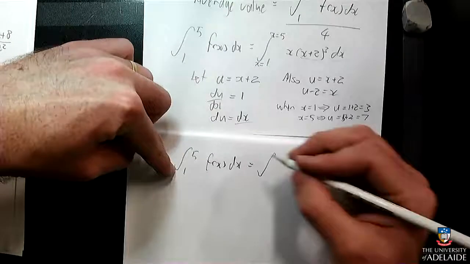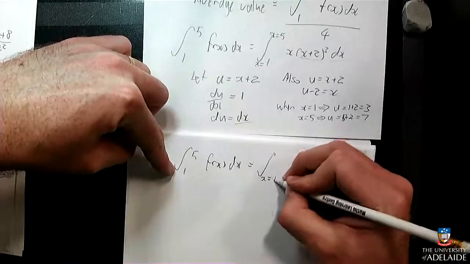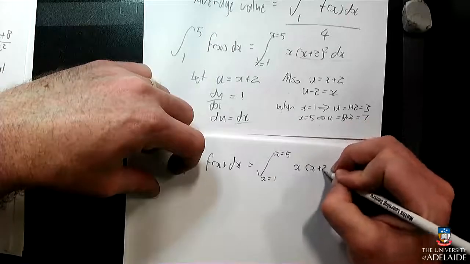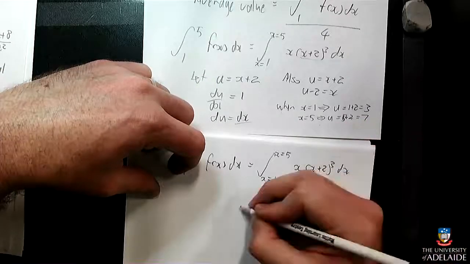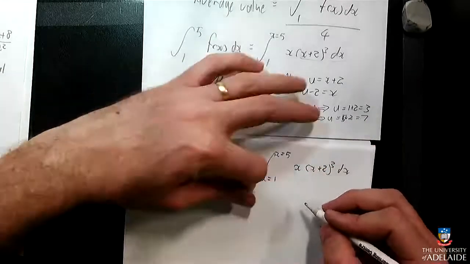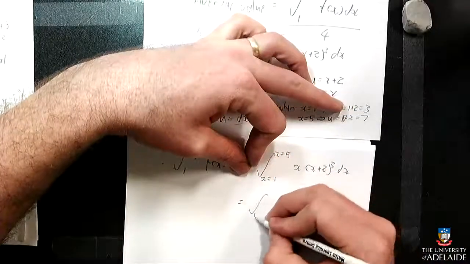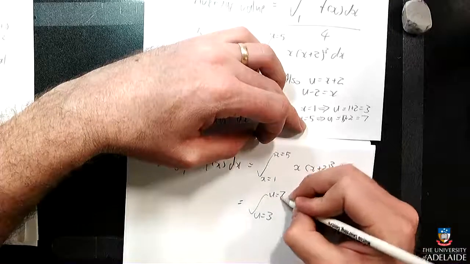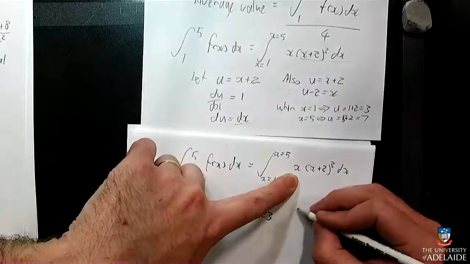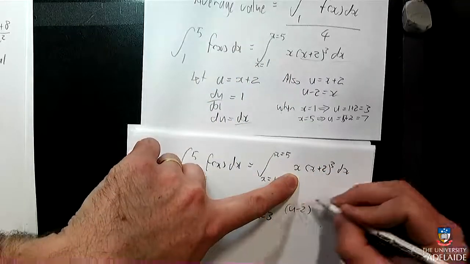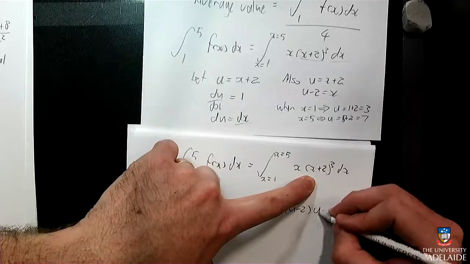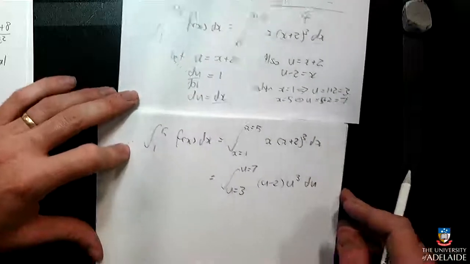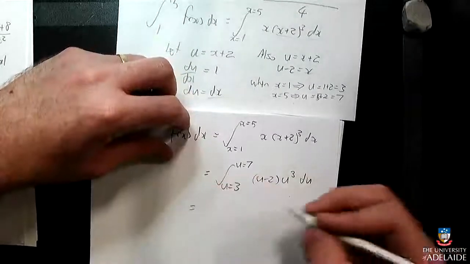So, just to repeat it to be sure: when x equals 1, u equals 3. When x equals 5, u equals 7. The x is u minus 2. The x plus 2 is u. The dx is du. And so now everything's in terms of u. I can just calculate it.